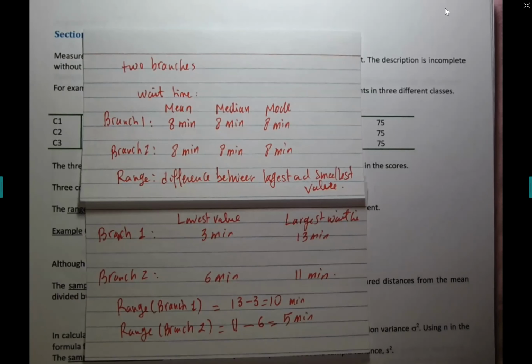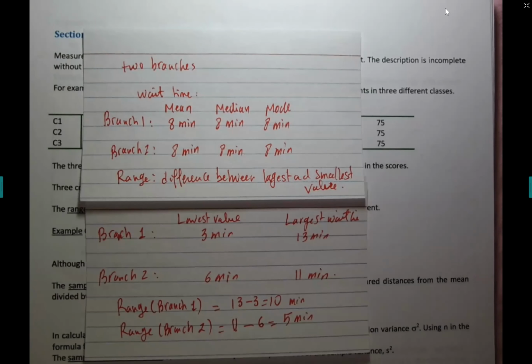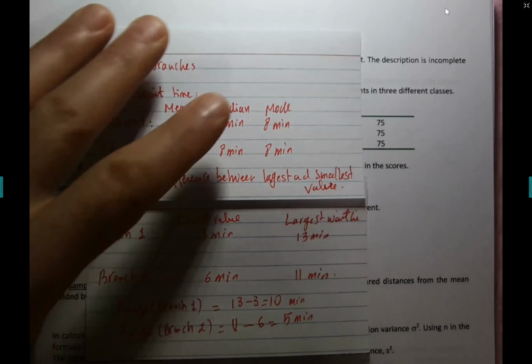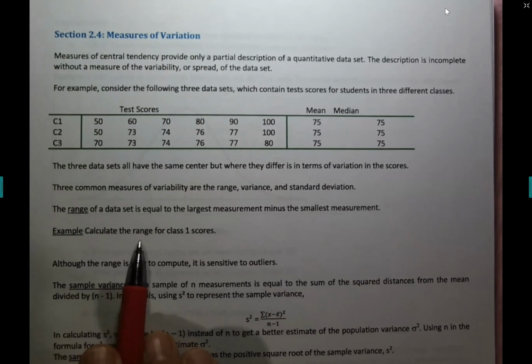My next step, guys, is to show you the very next tool, which is the most important one in this chapter, called the standard deviation. So I'm going to explain the standard deviation, which is the second measure of variation. The first measure of variation that you learned is called the range.